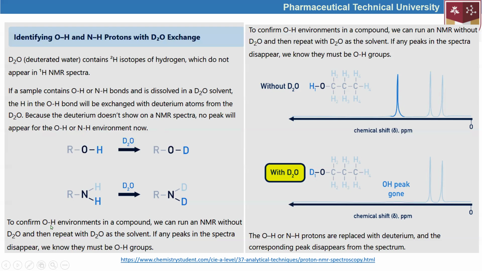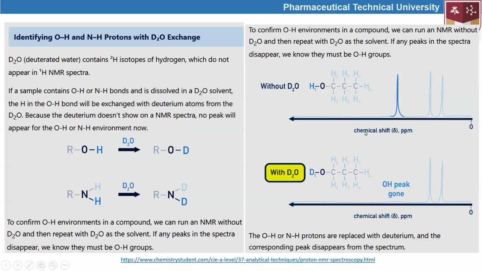And to confirm OH environments in a compound, we can run an NMR without D2O and then repeat with D2O as a solvent. If any peak in the spectrum disappears, we know it must be an OH group. So when we compare the compound without D2O, if it has this kind of peak, and when we dissolve it in D2O, the peak that belongs to OH disappears.